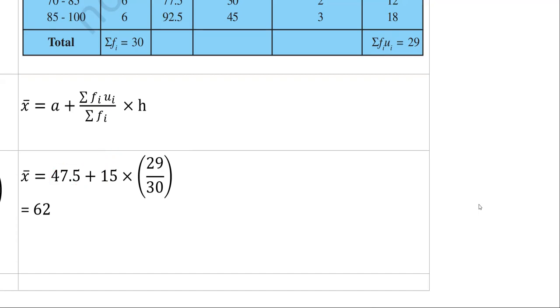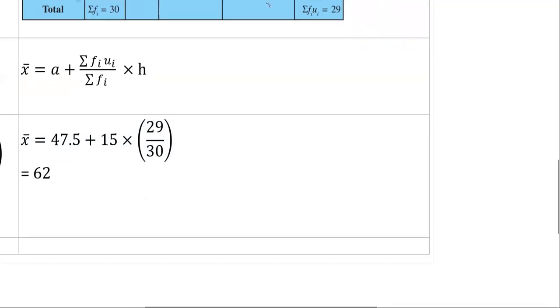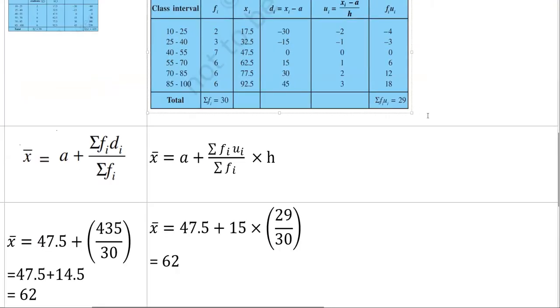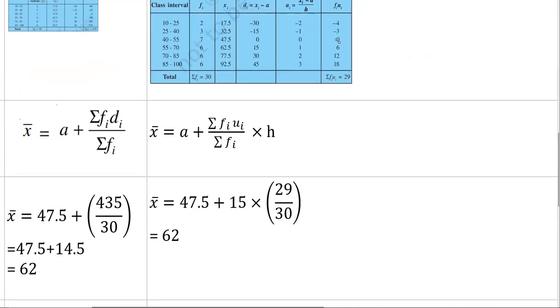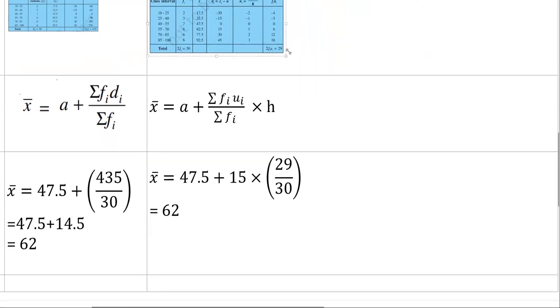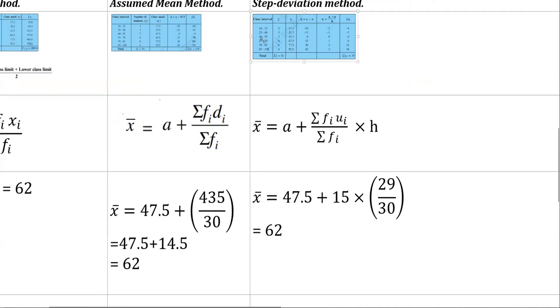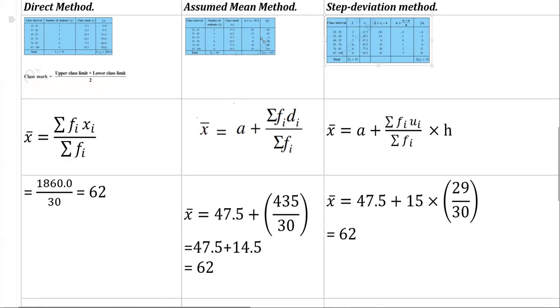Now, finally, we can summarize this. Let's come back to the original piece that we have. So we have these 3 methods of finding the mean. First is the direct method, second is the assumed mean method, and the third is step deviation.